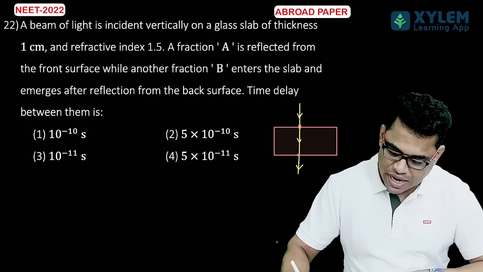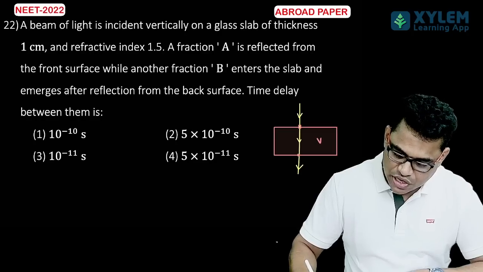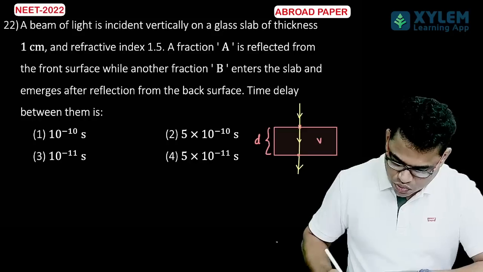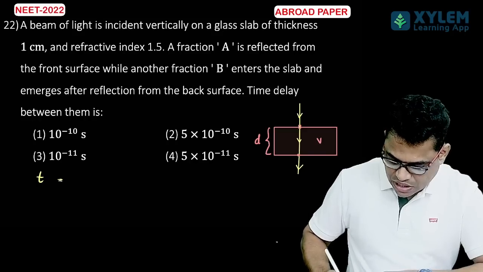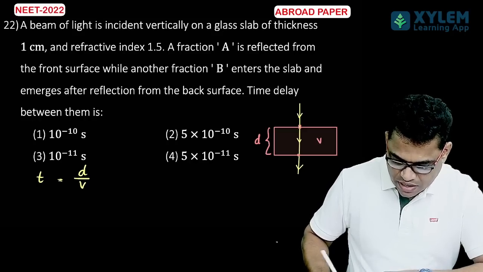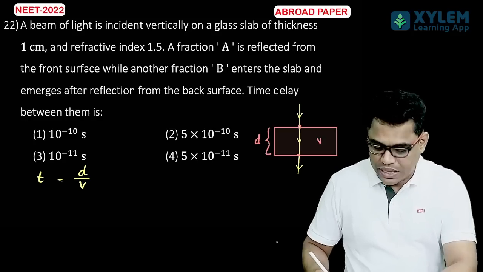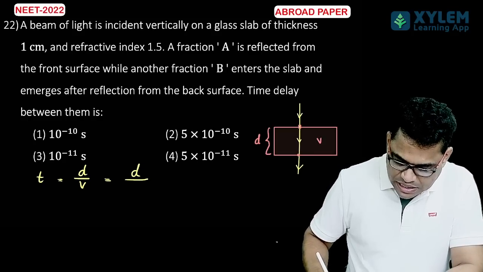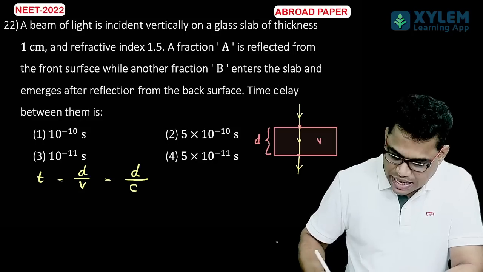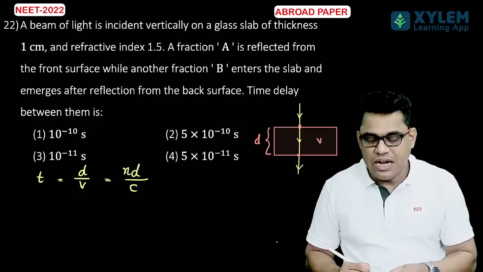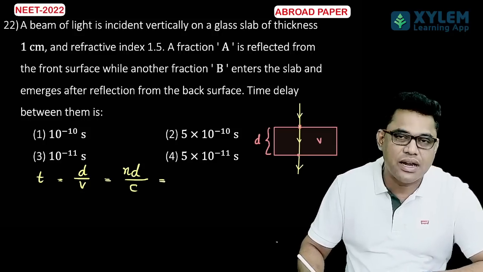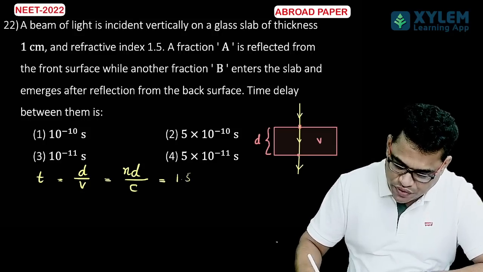Suppose the velocity of light in this slab is V and the thickness of the slab is D. Then the time taken is equal to D divided by V. V, you know, is C by N. Therefore, it can be written as D divided by C by N, which is ND divided by C. Let me substitute the values. The refractive index N of this material is 1.5.